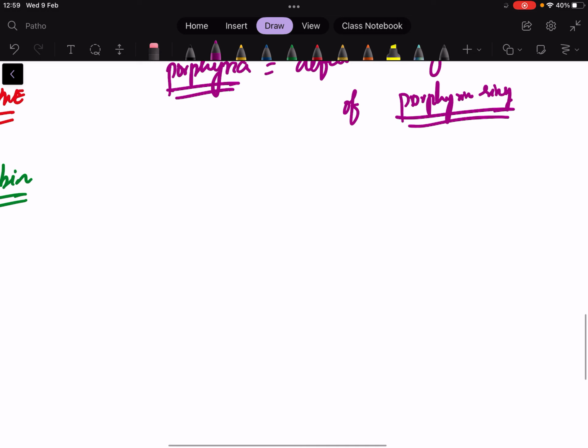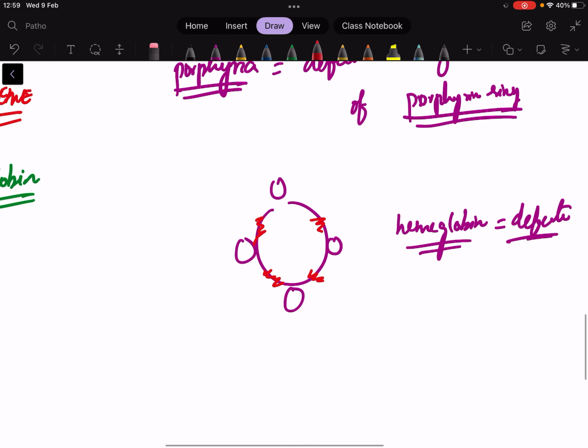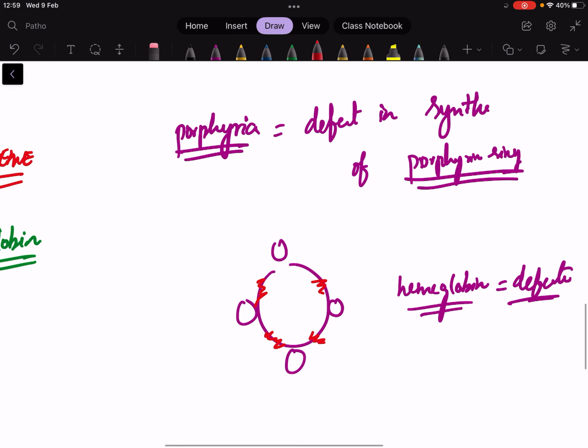So what will happen if there is no proper ring present? If there is a defect in the porphyrin ring, obviously the hemoglobin will also be defective, right? Since there are defects in this ring. So that is the concept of porphyria: there is a defect in porphyrin biosynthesis.